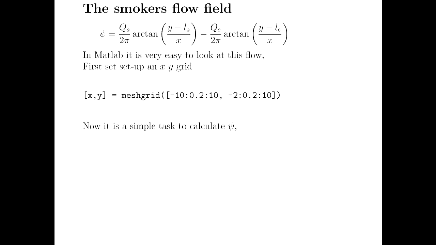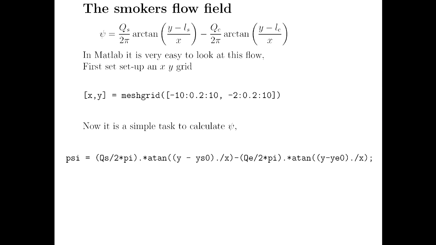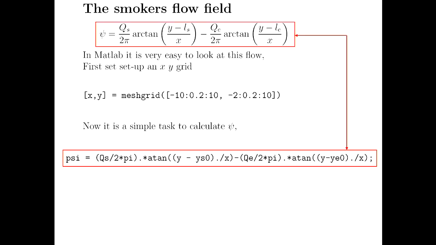I can also type my stream function psi in MATLAB. It looks something like this, which is basically just this equation at the top there. All I have to do next is to use pcolor to plot the contour of psi. So pcolor with x, y, my grid, and psi.